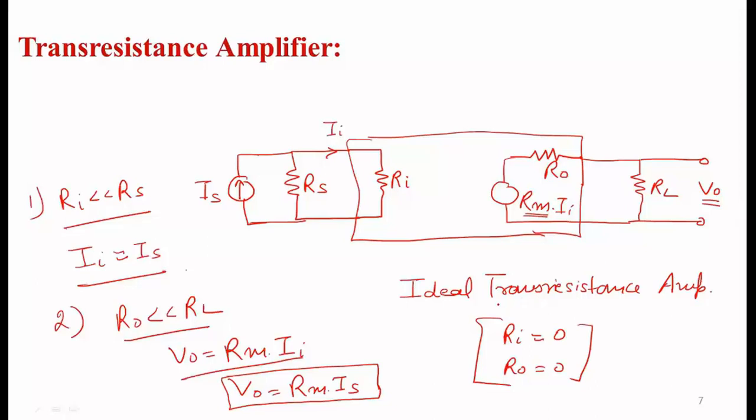So we can say that for the voltage amplifier, we have infinite input resistance and zero output resistance. For the current amplifier, we have zero input impedance and infinite output impedance. For the transconductance amplifier, both the input resistance and the output resistance are infinite. And for the transresistance amplifier, both resistances should be equal to 0 for the ideal amplifier.